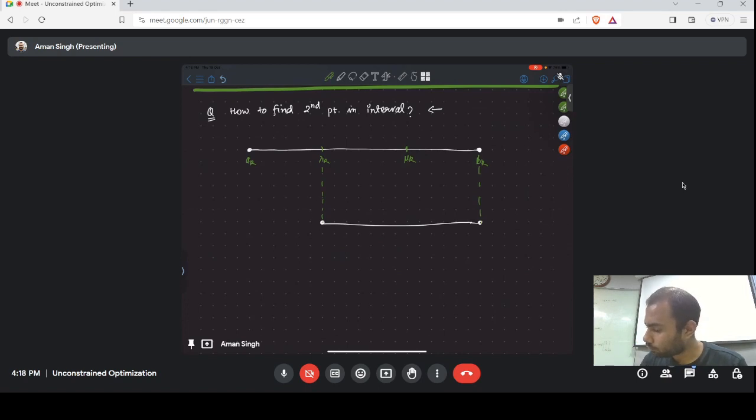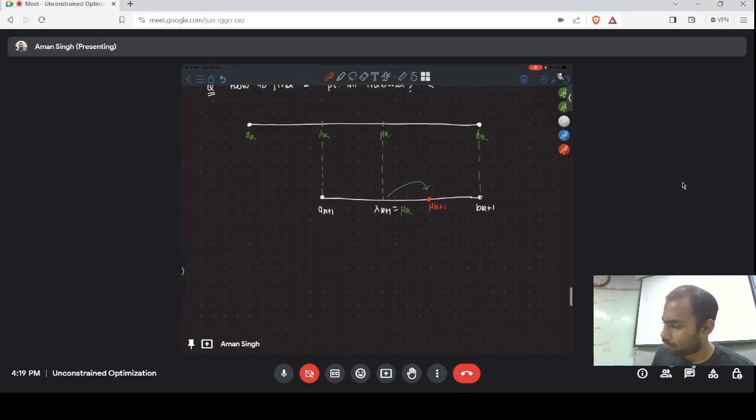Let's assume this is the first interval reduction that we got. So this is ak plus 1, this is bk plus 1, and this will be lambda k plus 1 equal to mu k. Now let's say we find some mu k plus 1 here. So how do we find that?